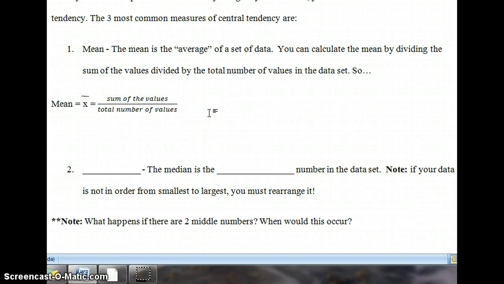We'll look at some examples later, but we're going to move on to our second measure of central tendency. Just to repeat, the mean, which is represented by x with a bar over it, is equal to the sum of the values divided by the total number of values.